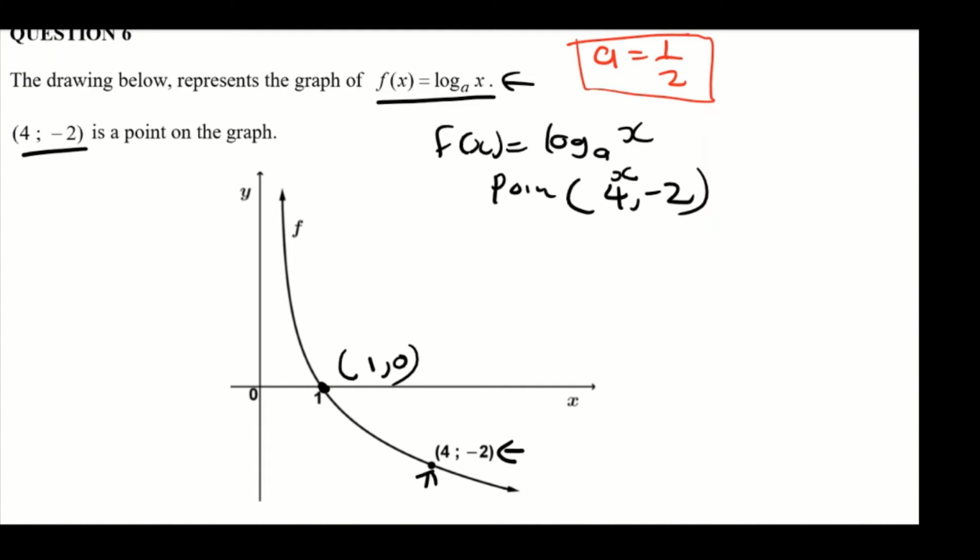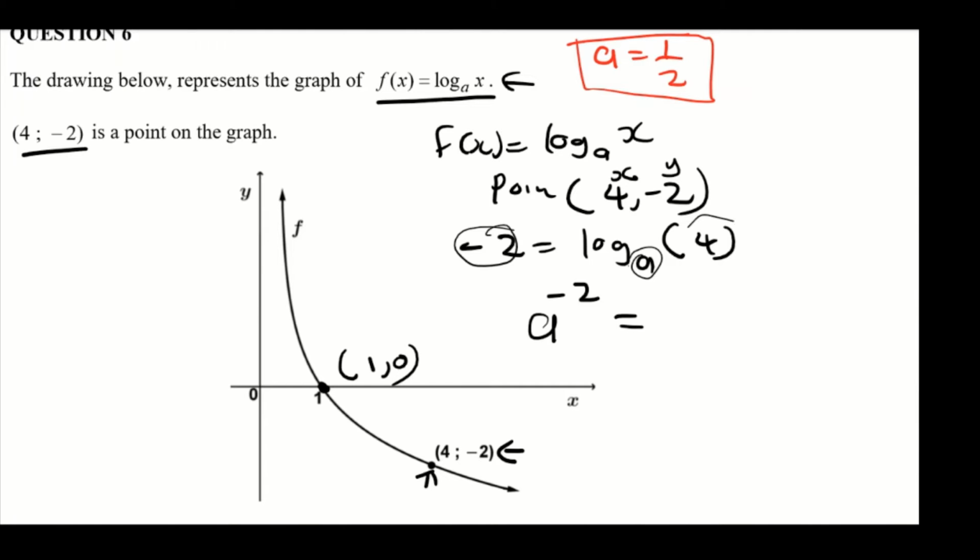So where there's x, you're going to put 4, where there's y, you're going to put -2. So it's going to be -2 equals log base a of 4, and then this base here will be a to the power of -2 equals this 4 here.